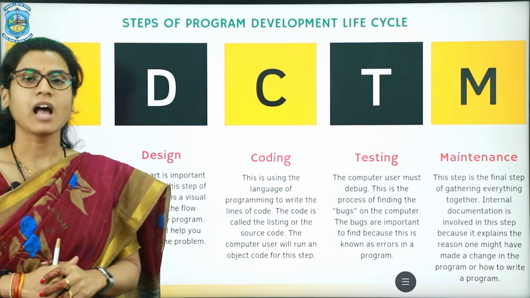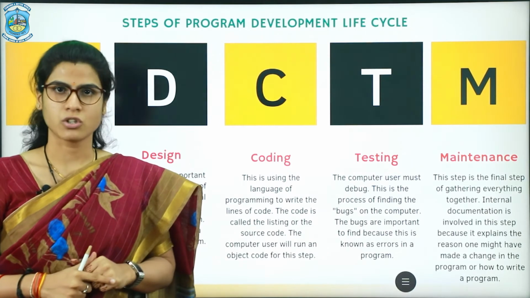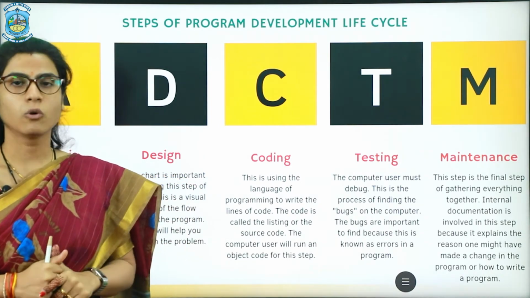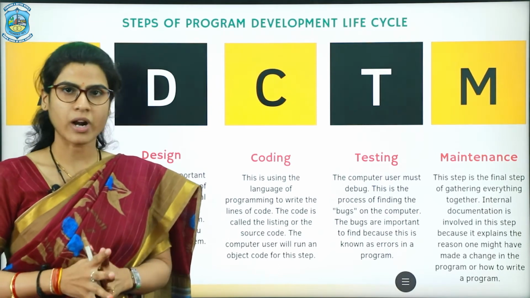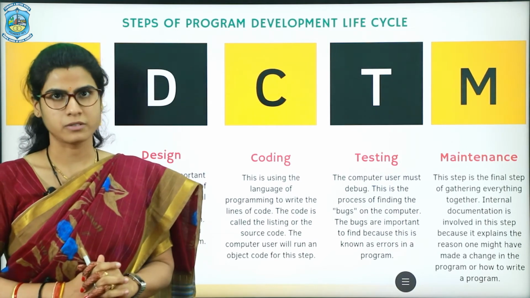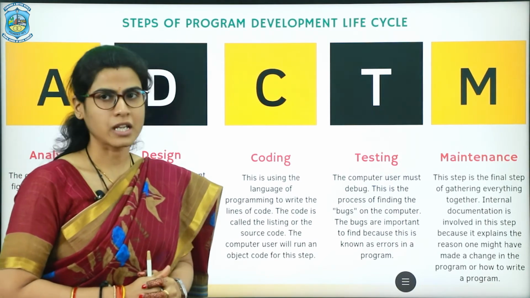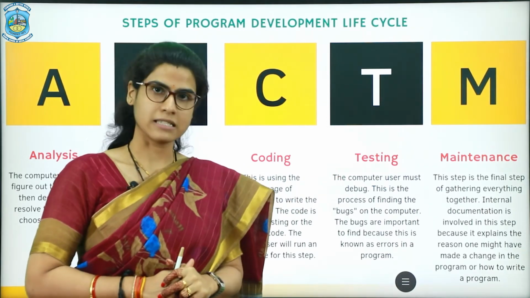Whatever design we have made with the use of a flowchart, we start implementation of it, where we do coding. Coding can be done in different programming languages, where we write code to resolve a problem. After doing coding, we have to test our code. So we proceed with the testing stage.